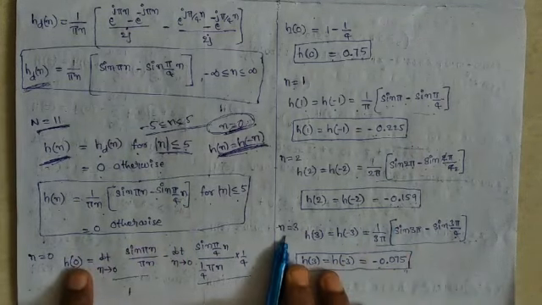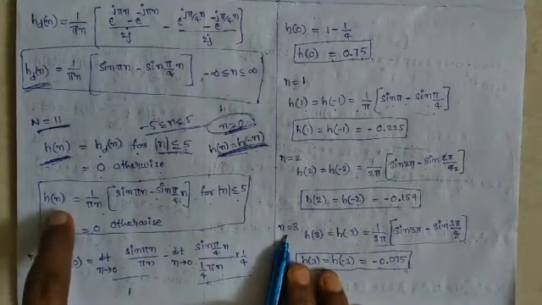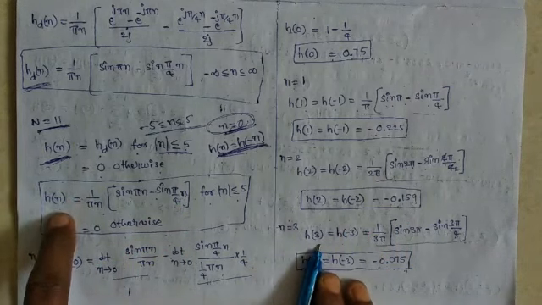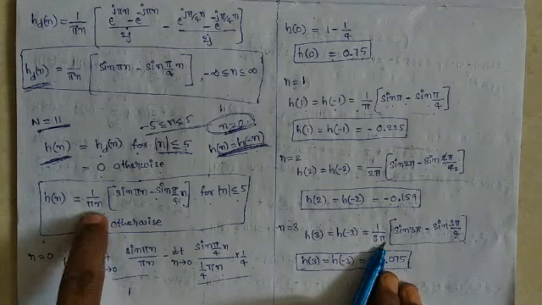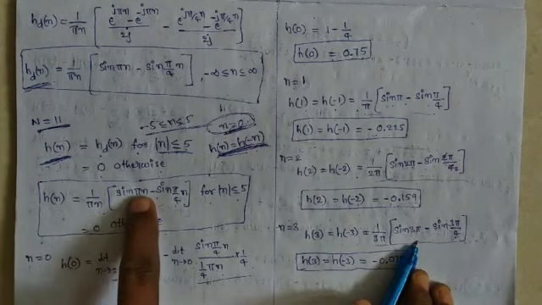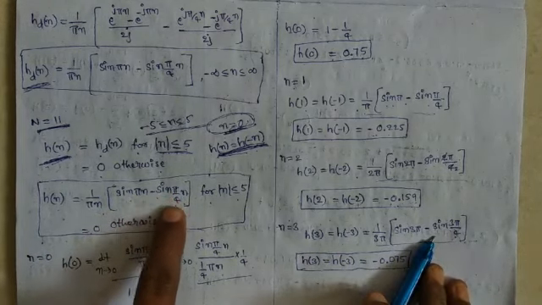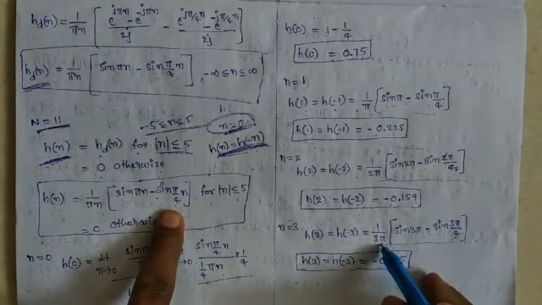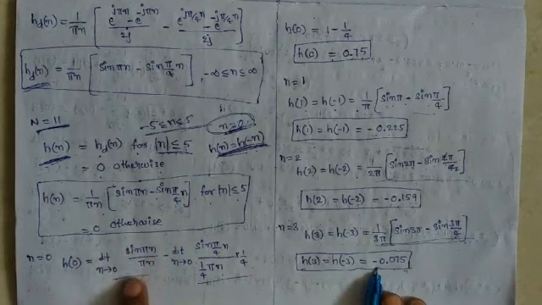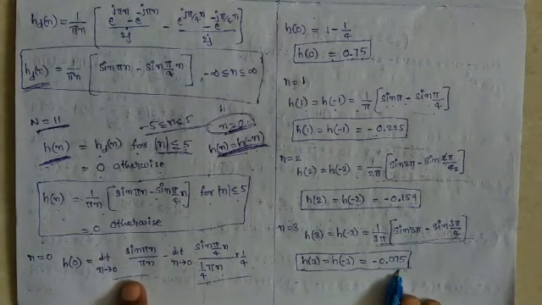Similarly n is equal to 3. Substituting n is equal to 3 in this equation, h of 3 is equal to h of minus 3, which is equal to 1 by 3 pi into sin 3 pi minus sin 5 by 4 into 3, that is sin 15 by 4. Its value is equal to minus 0.075.